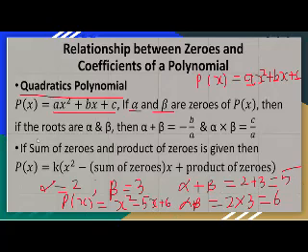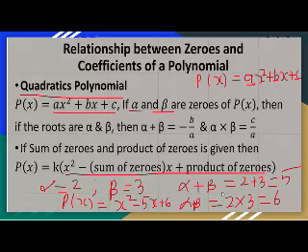So if they ask you to find the polynomial based upon the given roots, the first step is to find the sum of the roots. The second step, find the product of the roots. Then use the general form: p of x is x squared minus sum of the roots times x plus product of zeros.